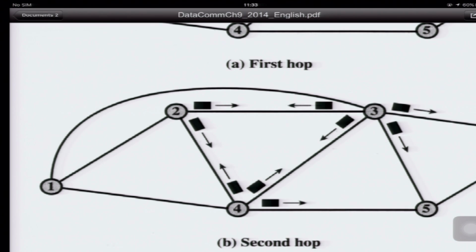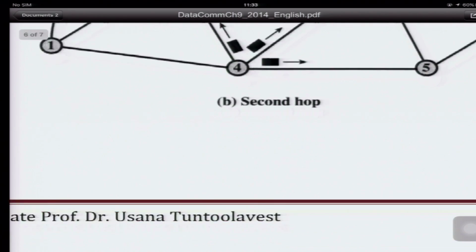So 2 receives the packet from 3 and from 4, and it makes a copy. The copy received from 3, it will send to 1 and 4. The packet received from 4, it will send to 1 and 3.